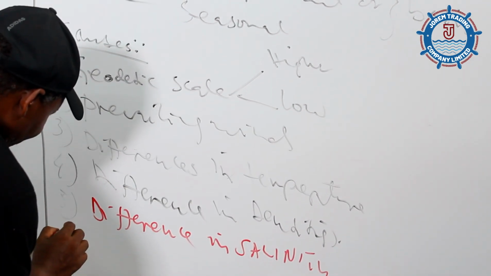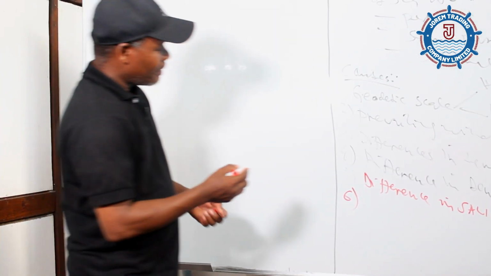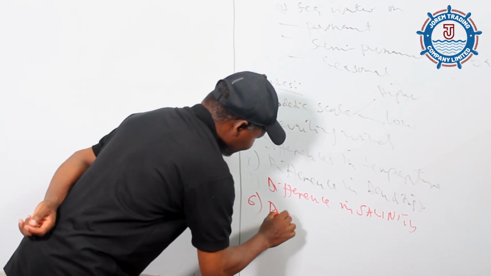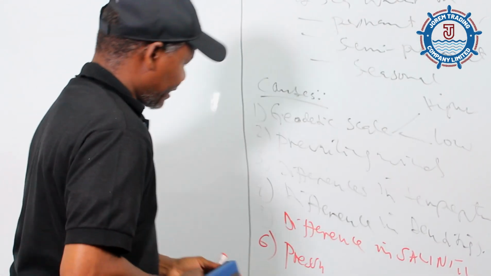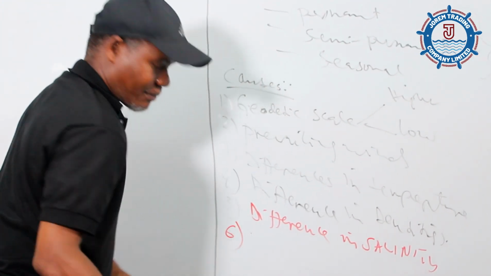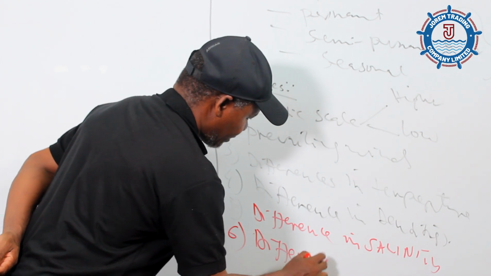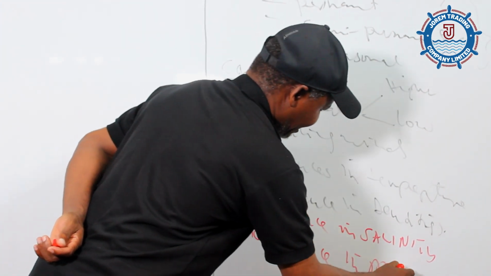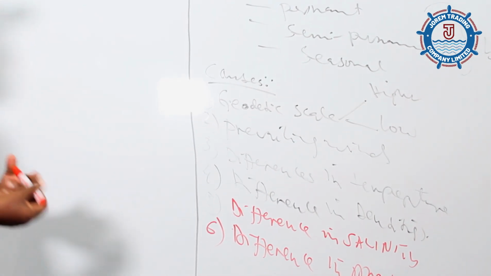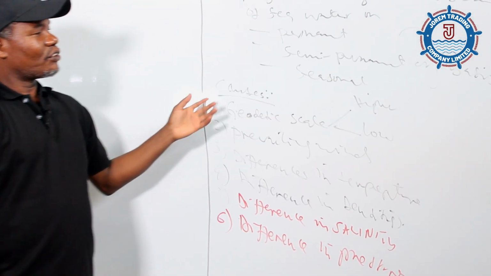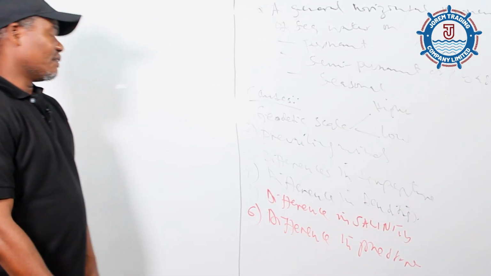And another reason could be difference in pressure. So we can have a big number of reasons causing ocean currents, causing this water to start moving.